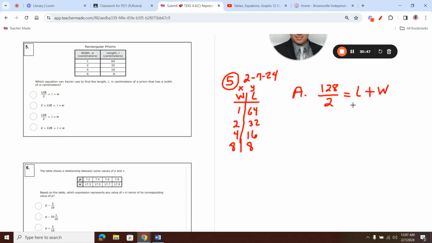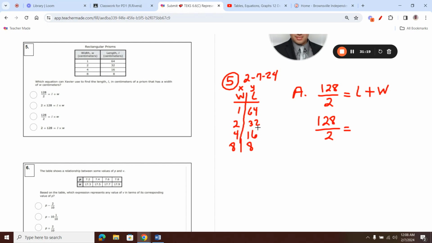Now your first job is to use the table. So 128 divided by 2 equals. Now here's where you can choose whichever you want. I prefer that you choose numbers that are easier. So in this case, from all these, I probably would want to use either 4 and 16 or 8 and 8.